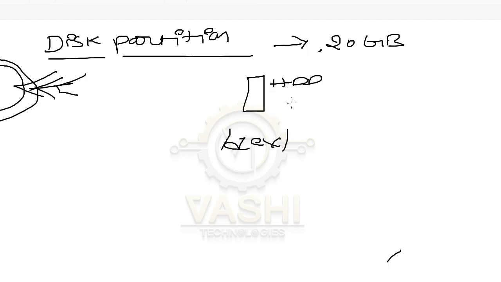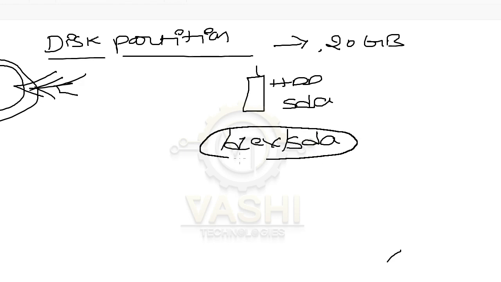This is the SATA disk. One disk is nothing but a SATA disk A, SDA. So the disk name is SDA, available under slash dev. How can you find out which disk, what partitions are created, and which disk the OS is installed on?